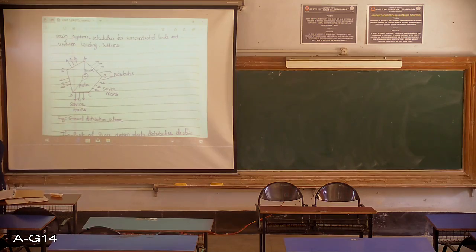Then we have a distributor. A distributor is a conductor from where tappings are taken for supplying to the consumers. You can see here AB, BC, CD, DE, DA. These are all distributors. The current through the distributor is not constant because tappings are taken at various places along its length.